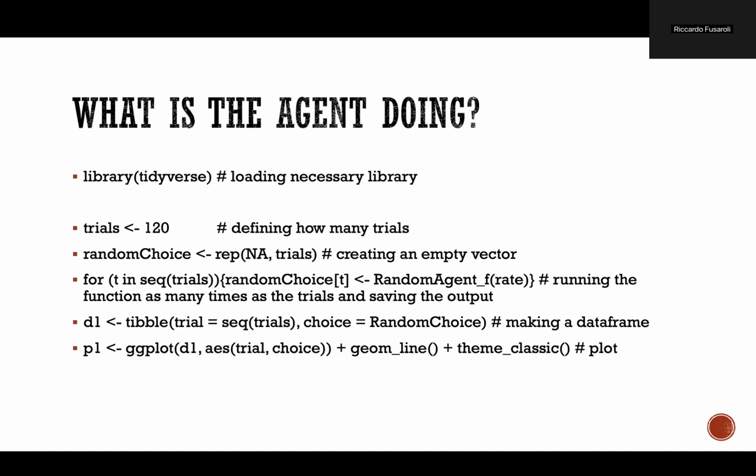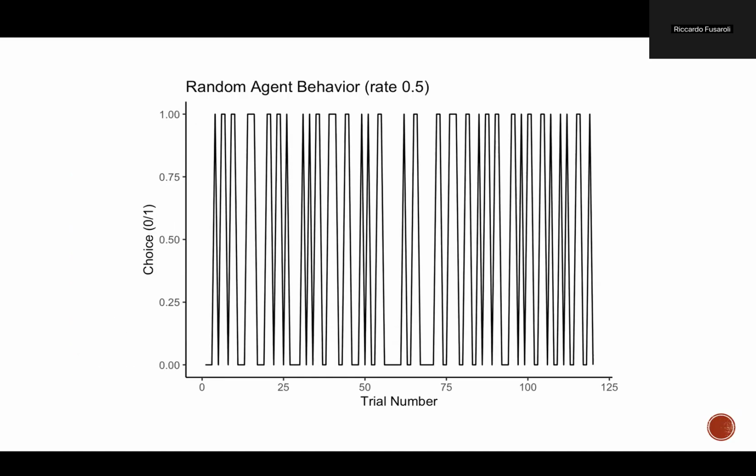It runs a line between these points, and it uses theme classic because I hate the gray background. And then we display the plot. This is telling us how erratic the agent is when it has a rate of 0.5.